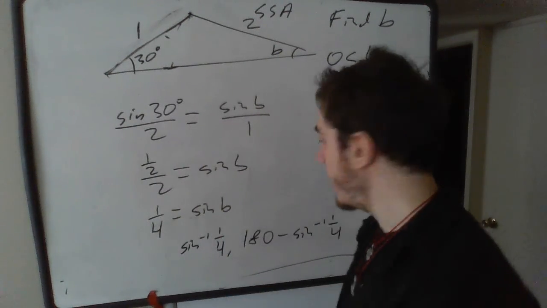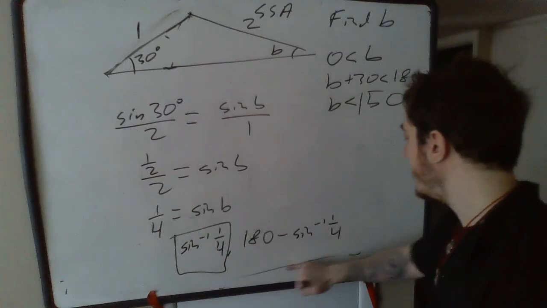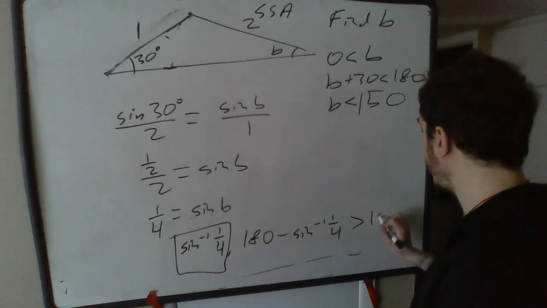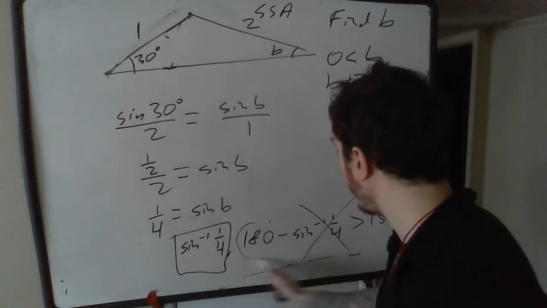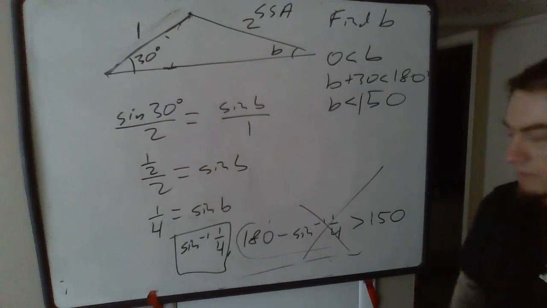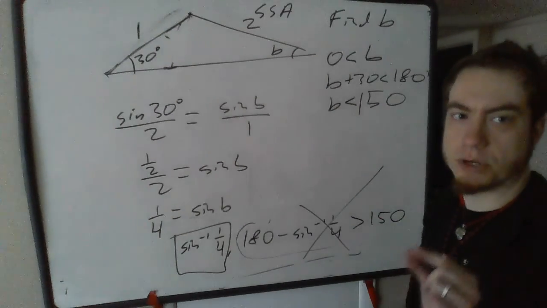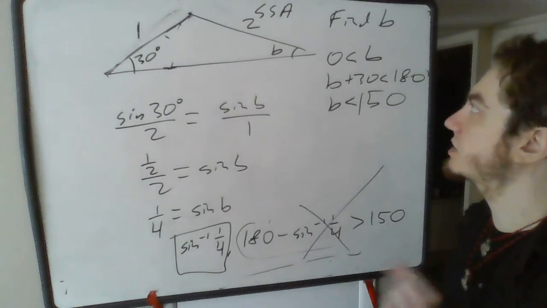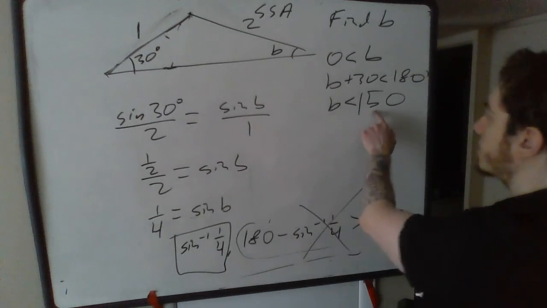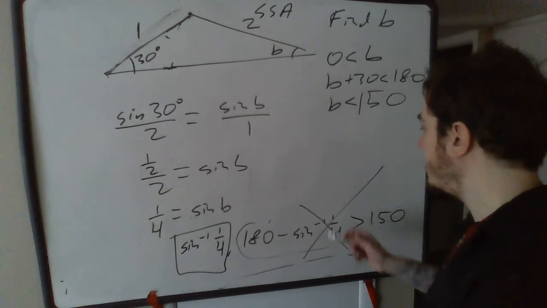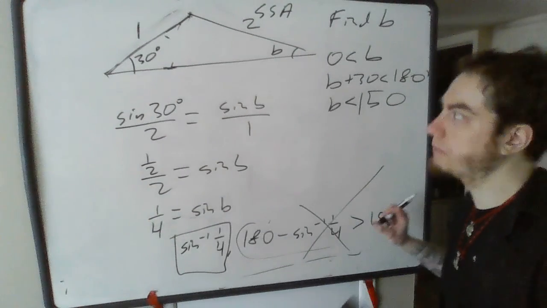When you plug these into your calculator, what you will find is that this one works, but this one is bigger than 150, and therefore it does not work. In other words, this whole thing, 180 minus this inverse sine. The reason is because the arc sine of 1/4 is smaller than 30 degrees. Because it is smaller than 30 degrees, 180 minus that is going to be something bigger than 150. And so that is ruled out. It is not a geometrically possible triangle.